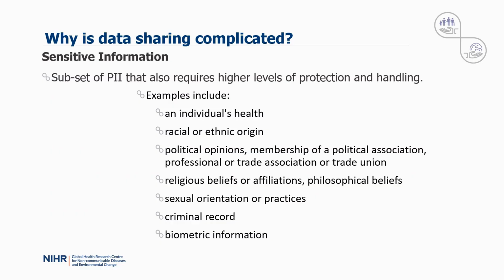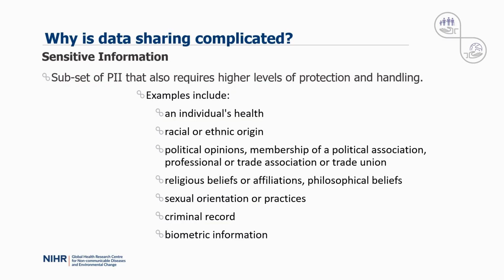Sensitive information is a subset of PII that also requires high levels of protection and handling. Examples of sensitive information include an individual's health related information, their racial or ethnic origin, information about their political opinions, membership of political associations, professional or trade associations or trade unions, religious beliefs or affiliations, philosophical beliefs, sexual orientation or practices, criminal records, or biometric information.